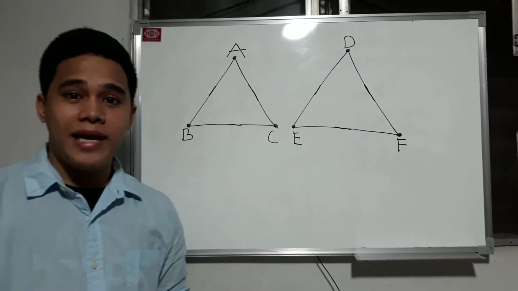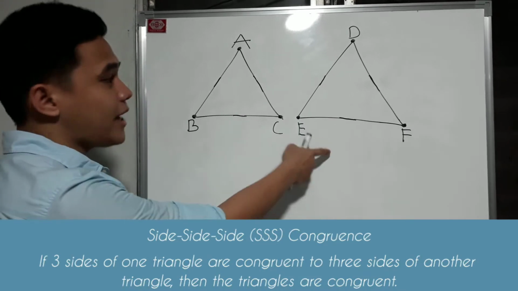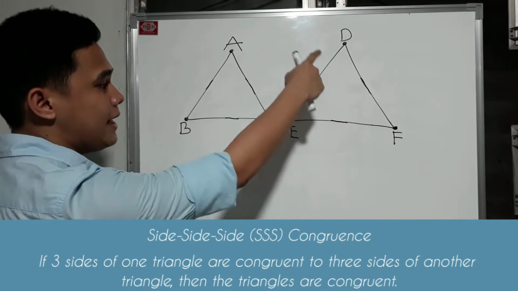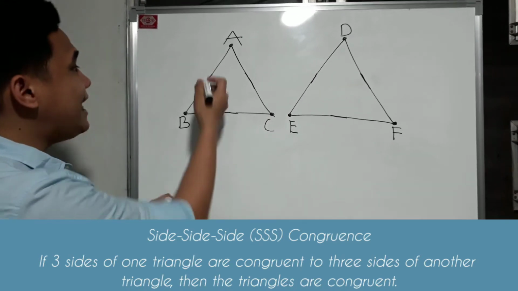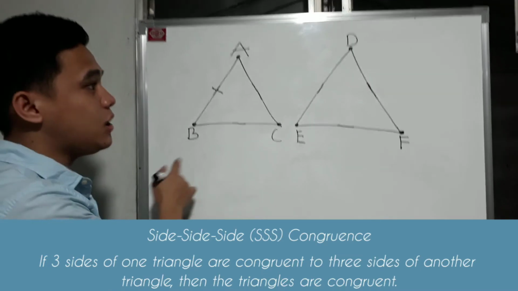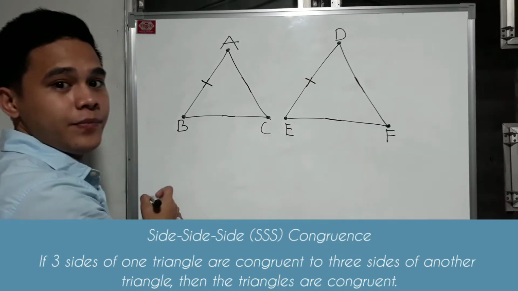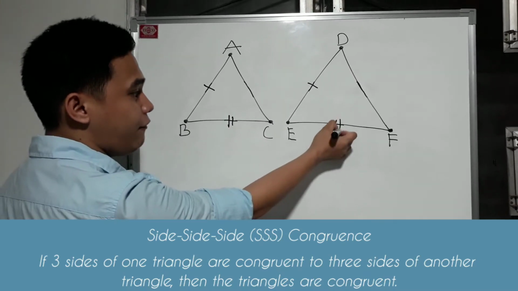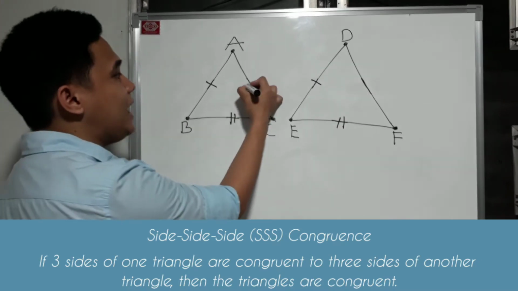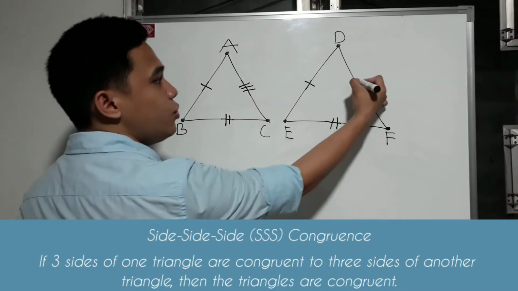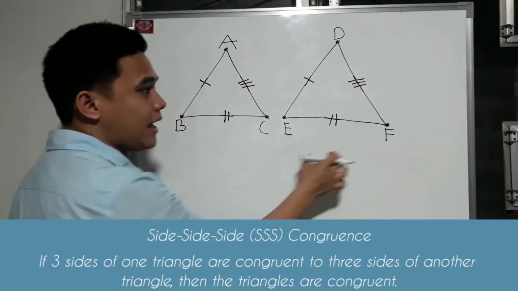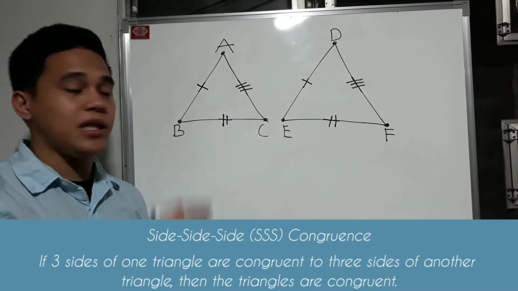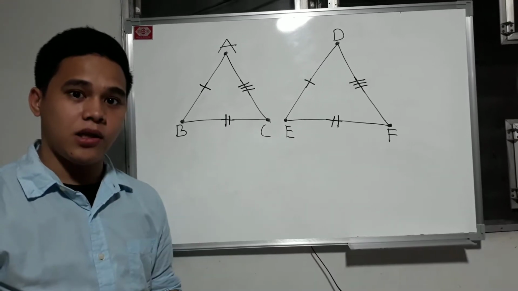So this postulate states that if we have two triangles, let's say this is the first triangle ABC and this is the second triangle DEF, and if this side of a triangle AB is congruent to DE, and if this side BC is congruent to EF, and this side AC of the first triangle is congruent to DF of the second triangle, therefore these two triangles are congruent by side-side-side congruence.